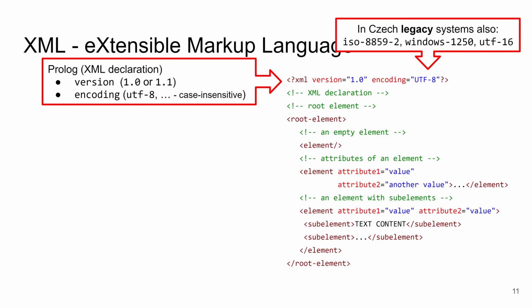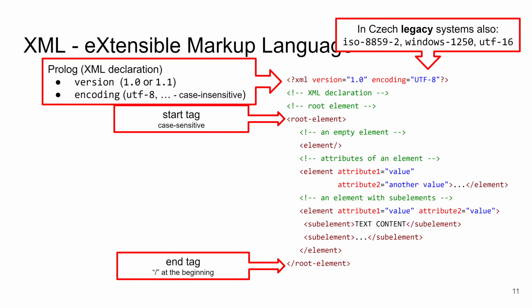Nevertheless, when you create your files and you work with XML, use UTF-8 as in any other modern data format. One remark, the identifier of the encoding is case insensitive, so you might come across UTF-8 using capital letters, like in this case, but also lowercase, and both are fine.